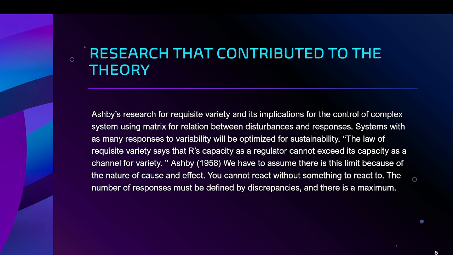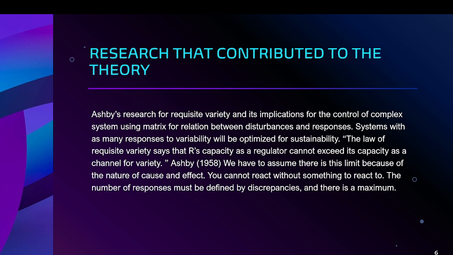So Ashby's research for the requisite variety theory and its implications for the control of complex systems. He uses a matrix for relation between disturbances and responses. So systems with as many responses as variability will be optimized for sustainability.